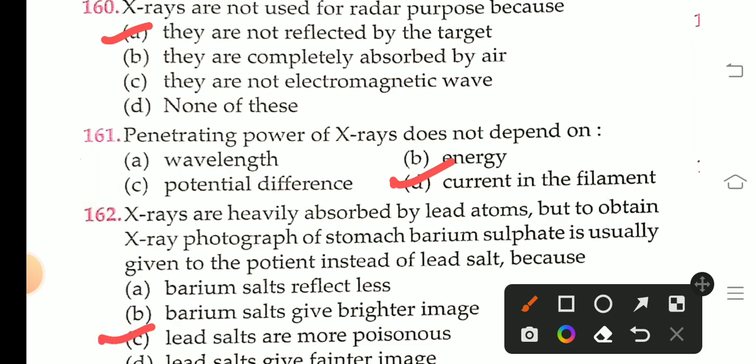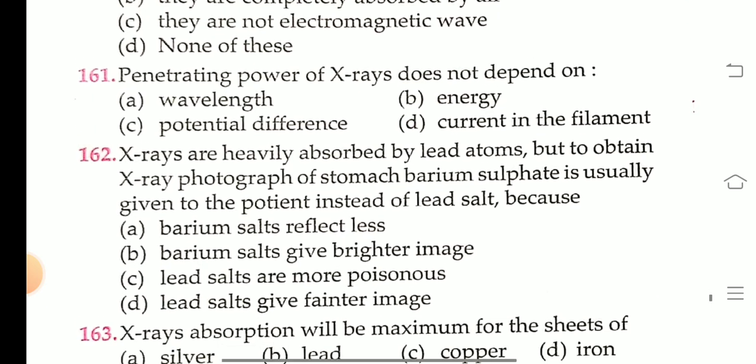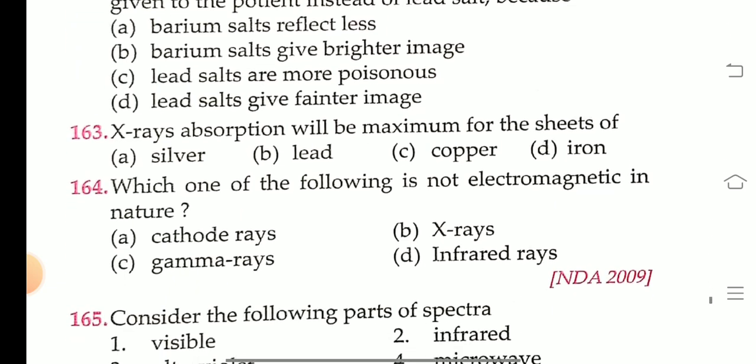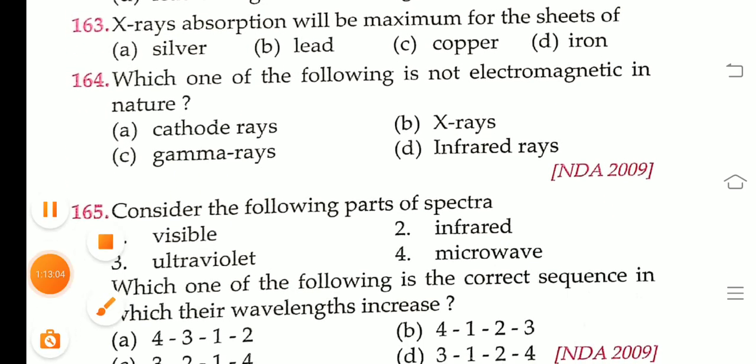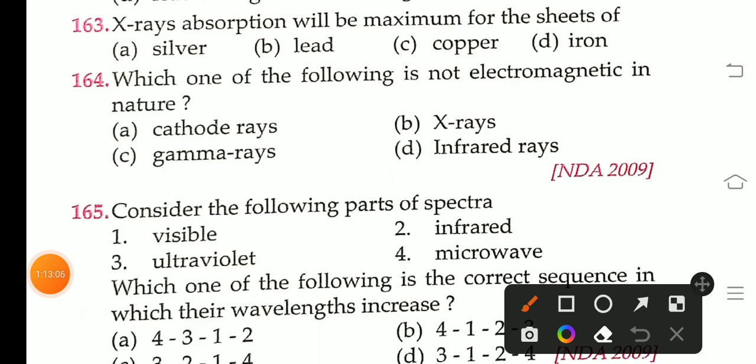Right answer option C. Next, X-ray absorption will be maximum for the sheets of right answer will be option B, lead.